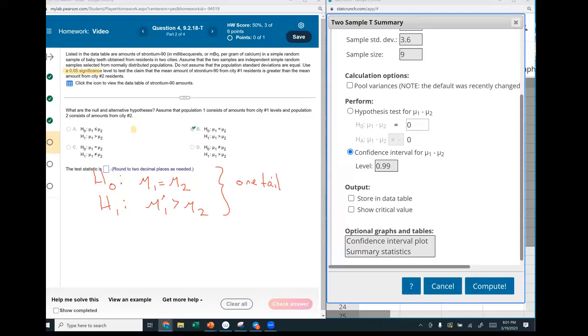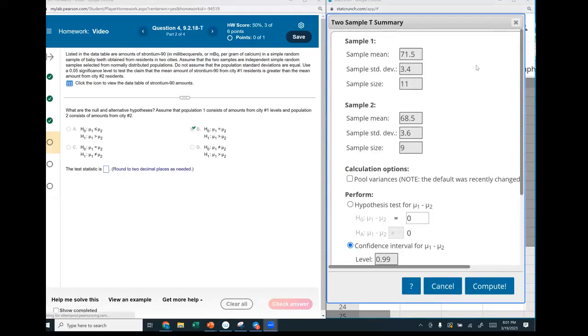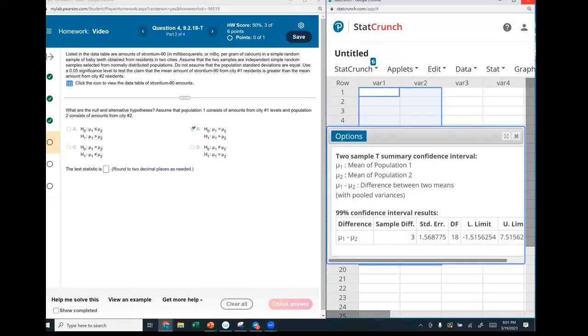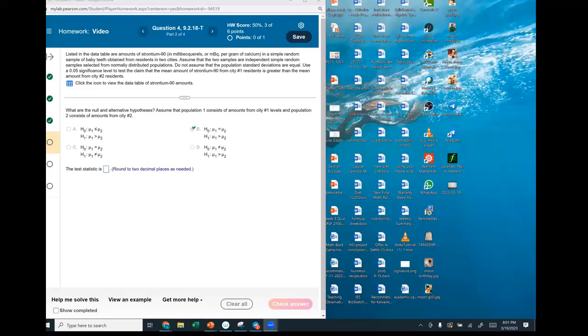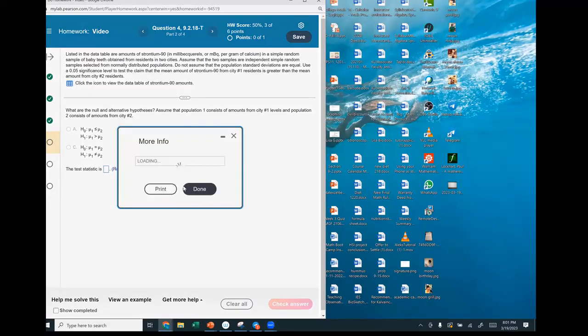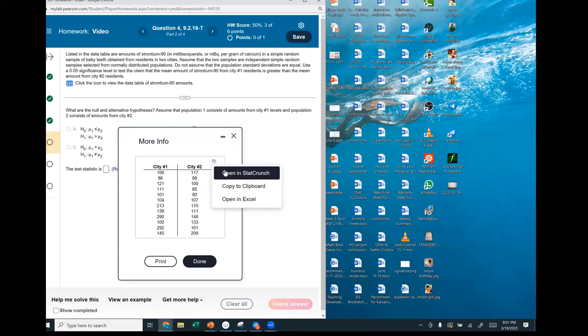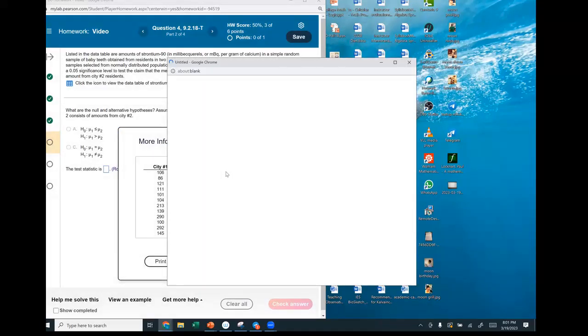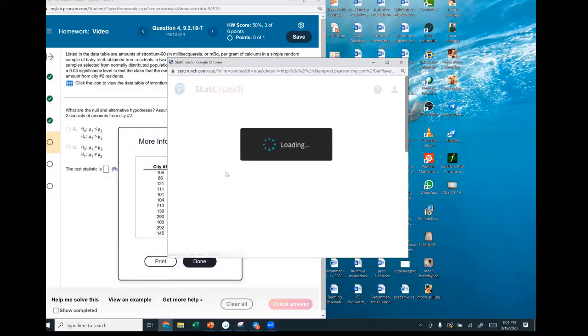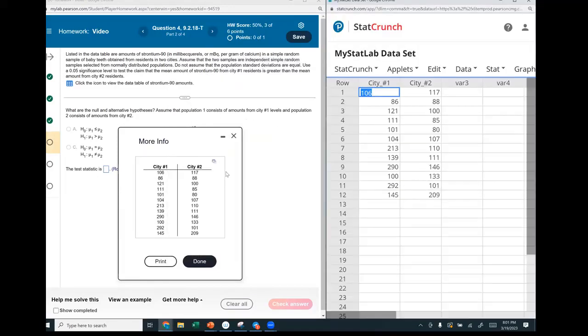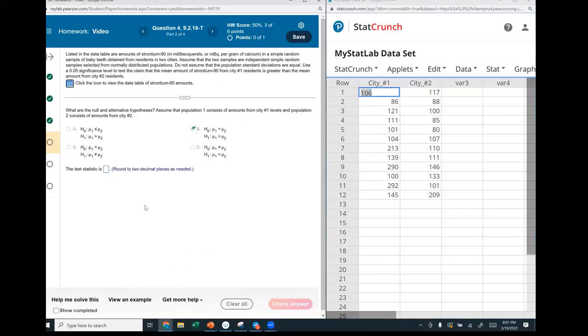So let me erase that. The test statistic. Well, let's go over here to our t-stat. Oh, actually, we don't need this. We can close this and open this in StatCrunch. Once I open it, there's really nothing I need from here, so I'm going to close that.